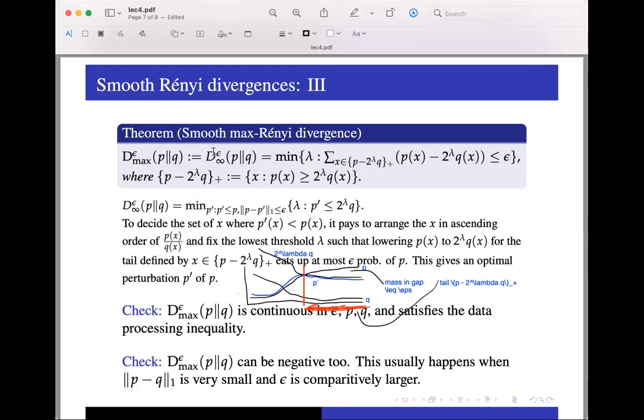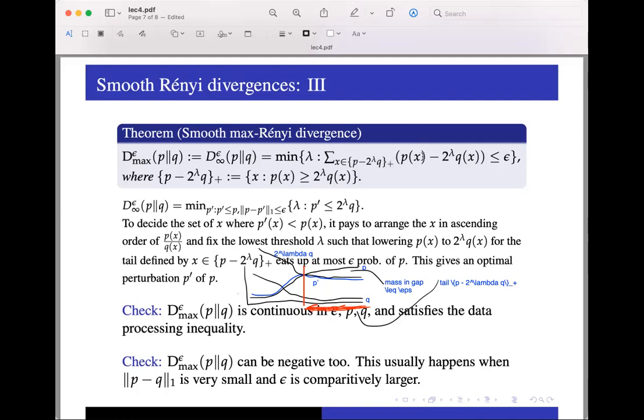I evaluate this quantity only over all x's that lie in this subset. After I evaluate this quantity in the so-called tail over the set, that should be less than or equal to epsilon. So fix a threshold lambda. Automatically, this set is defined.